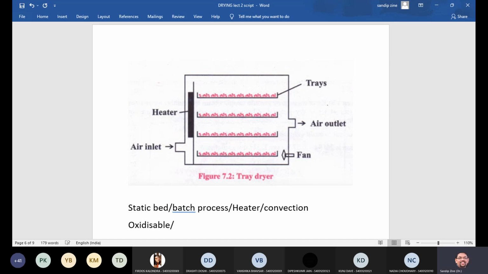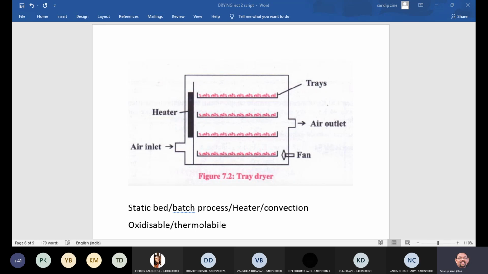Obviously, if you are keeping thermolabile material in this dryer, the stability will get lost, and the product will become dry, but whatever the therapeutic property, or whatever property we are looking for, that gets degraded, or the stability will get lost. So this kind of dryer is not suitable for oxidizable compounds and thermolabile compounds.